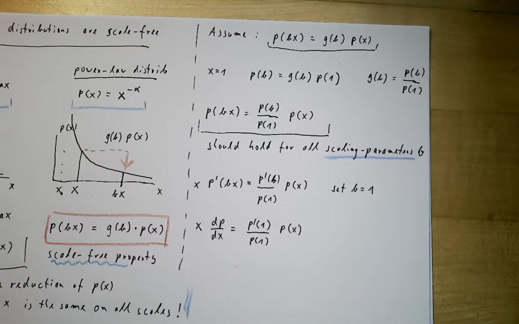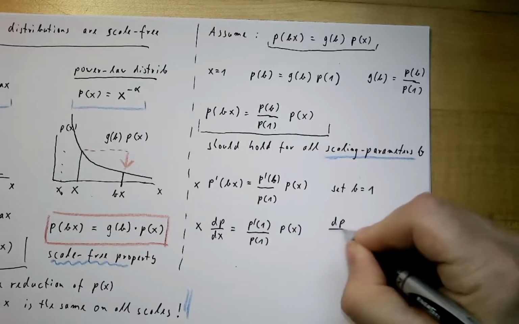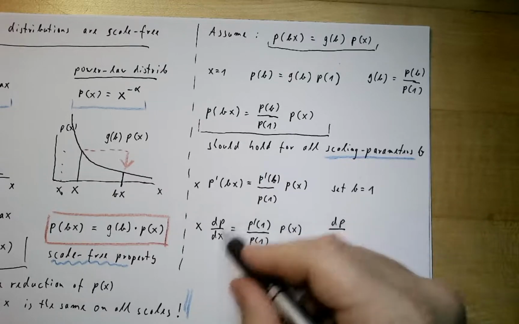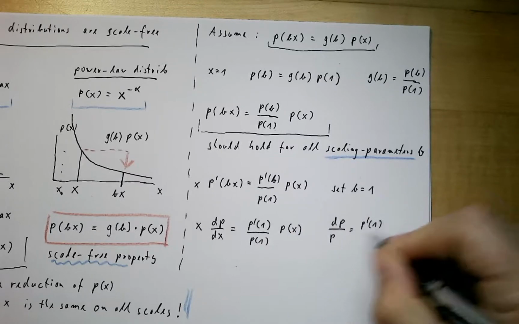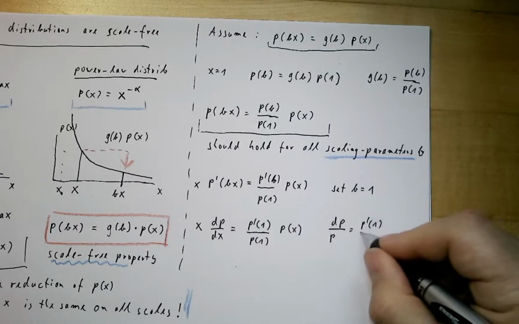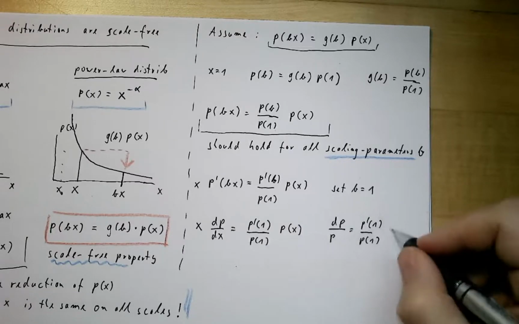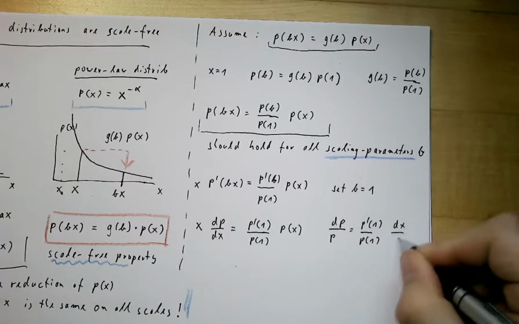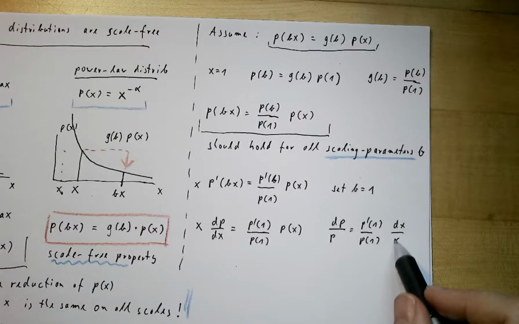p of x. And so we can solve this. We have to divide by x, and then we have dp over p equals p prime of 1 over p of 1 times dx over x. And now we can integrate on both sides.